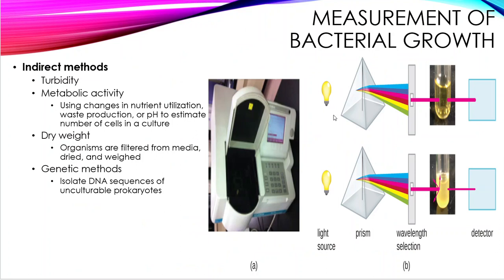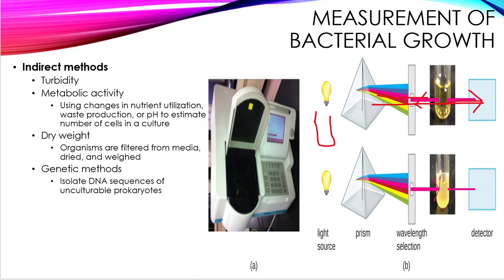This is one we used to do too. We put the bacteria in a tube, test tube, let them grow. A lot of times the bacteria will make the fluid cloudy when they grow. So what we do is we pass a light through there again to a detector. What we do is we first measure it with perfectly clear fluid.